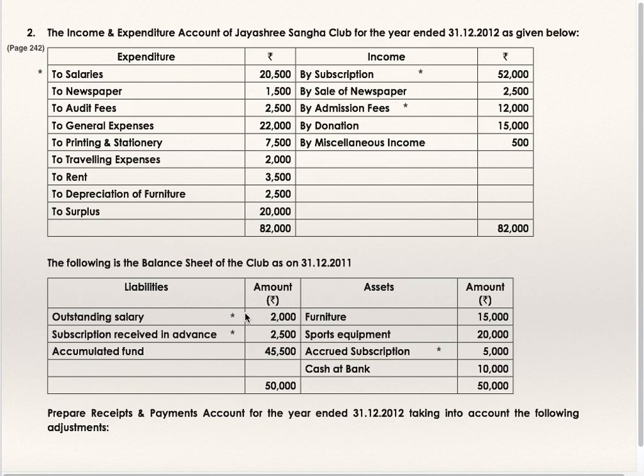Opening balance sheet, opening outstanding salary, opening subscription received in advance, opening subscription outstanding. Salary as per expenditure is given, subscription as per income is given, admission fees 12,000. These are 40% because 60% are capitalized. Now I will show you working notes.